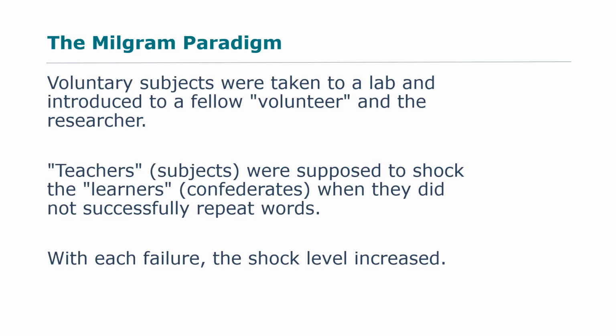So you get a set of word pairs, and then he'll give you one word, and you have to pick the word that went with it. So if the word was strong, you would have to choose arm because strong and arm went together. This was the task, and the idea was that every time the learner misses one, they get shocked, and with each wrong answer, the shock level will increase.